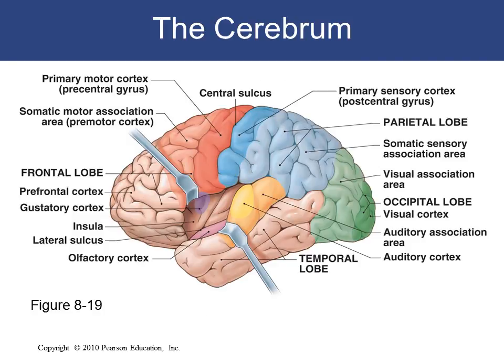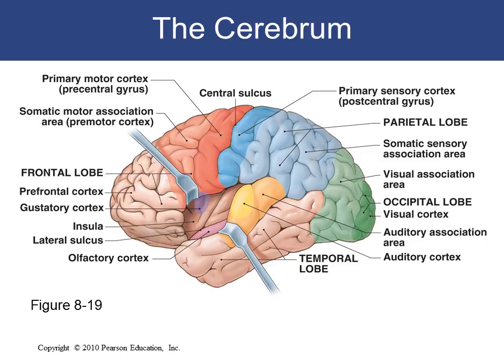So this picture is showing us some of the areas or the cortex that are found in the cerebrum, and also the lobes. Looking at the colors that are scattered around this cerebral cortex, you can see some of the labeling.